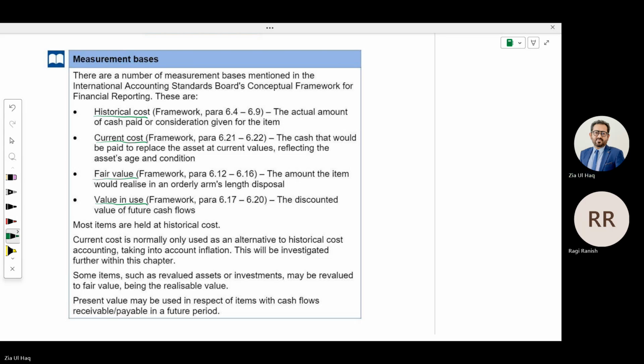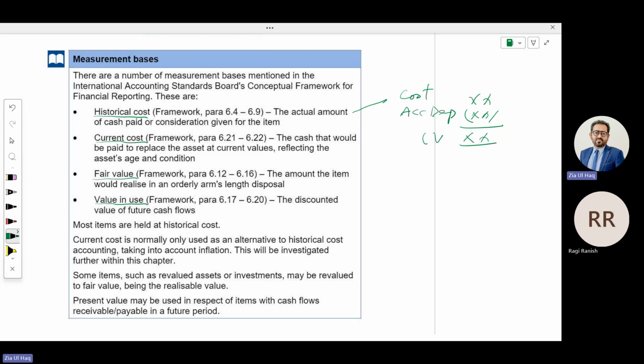Historical cost means the method normal companies apply, where we record the asset at cost less accumulated depreciation. That is called historical cost basis.